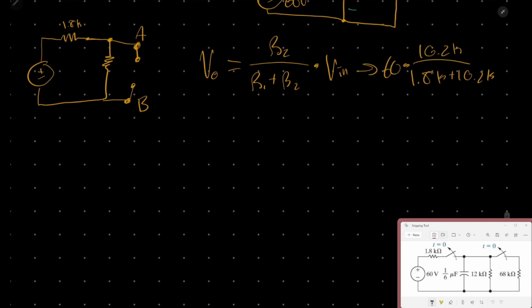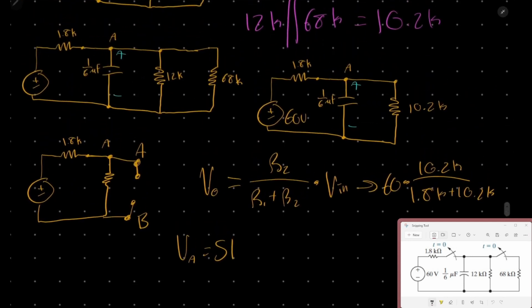And then plugging that into our calculator, we will get 51. So our voltage right here at A is going to be 51.